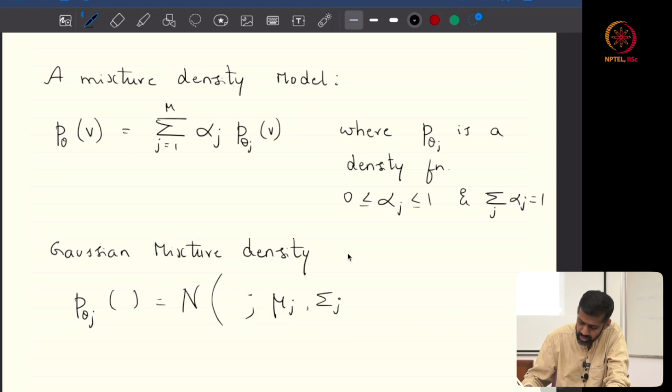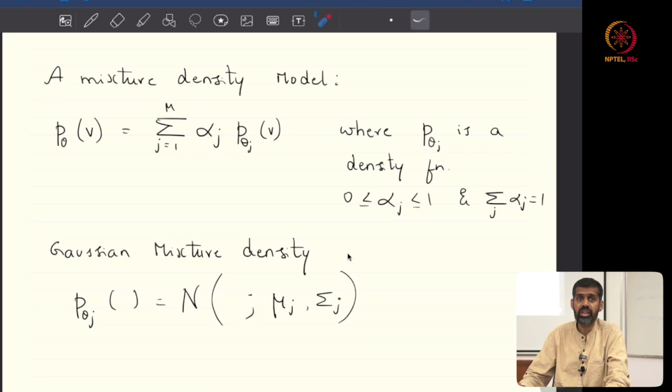So we have M number of mixtures. This capital M is the number of mixtures or number of modes. So how many densities are you combining? Please note that our density function is a linear combination, or a convex combination, of M other density functions. That is the model that we are looking at.